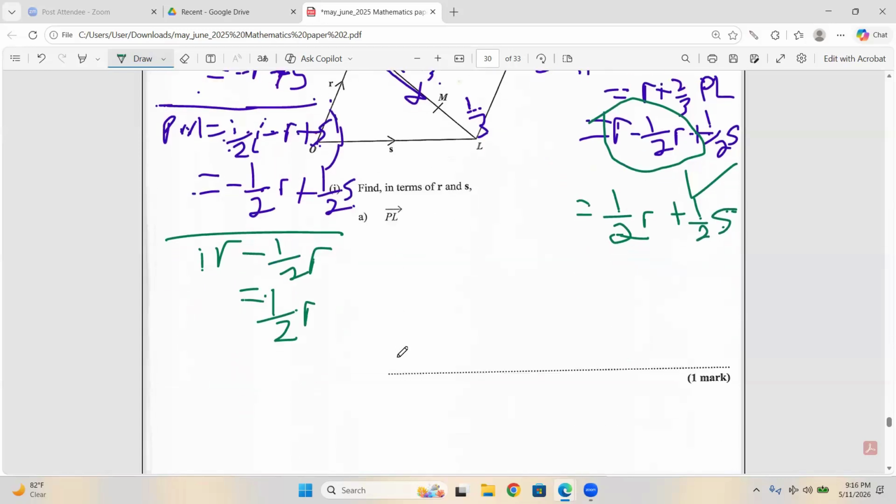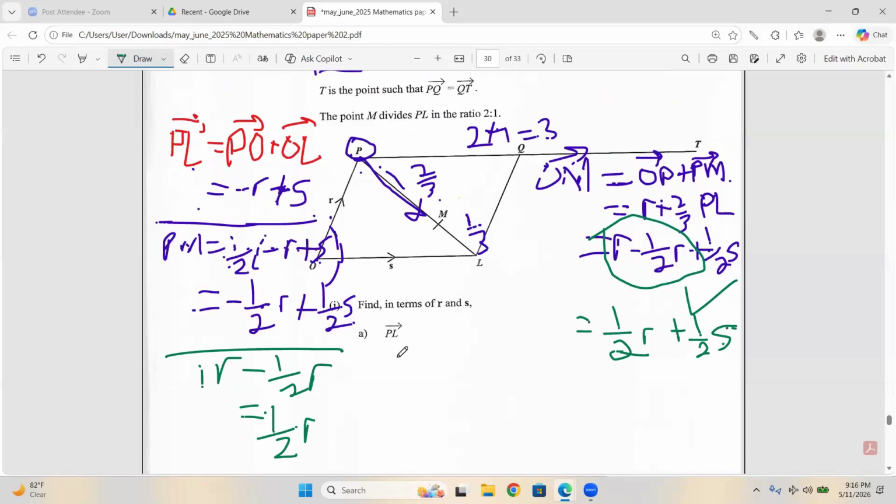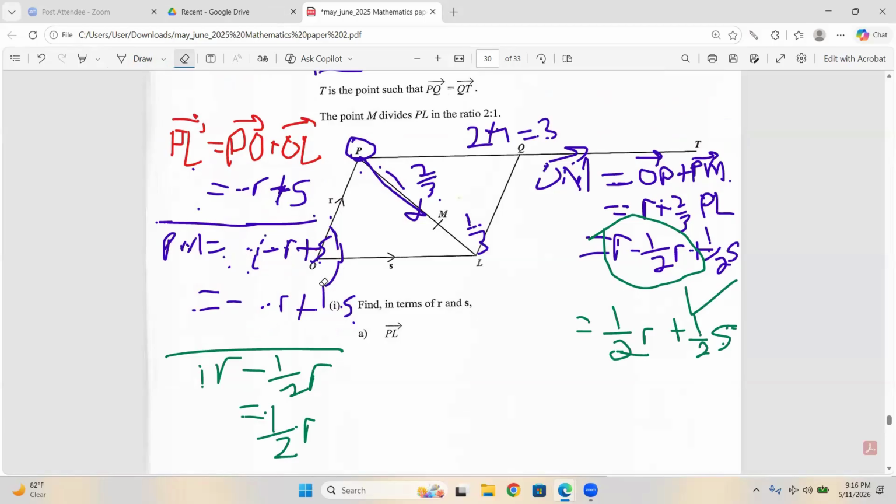So that is the answer I'm getting here for vector OM. Oh, I made a mistake here. What is going on with me? It's not a half. Where did I get a half from? It's supposed to be 2/3. So I just have to change the fraction to 2/3.